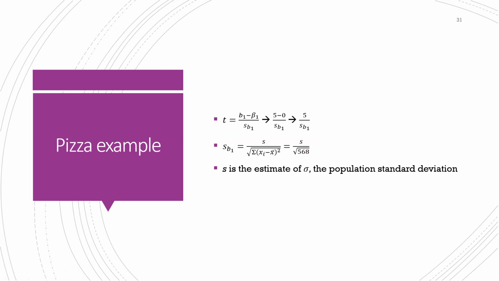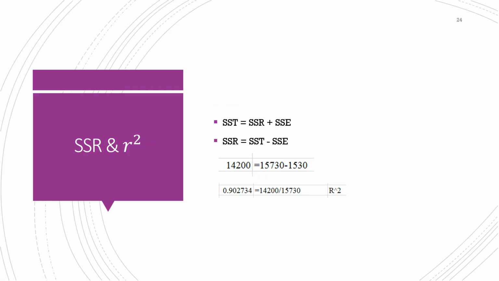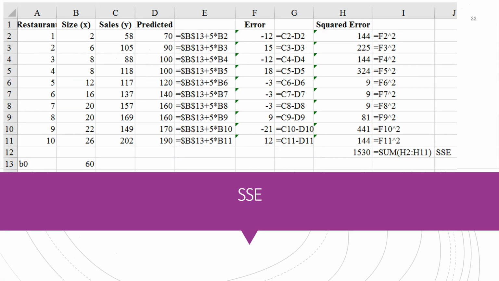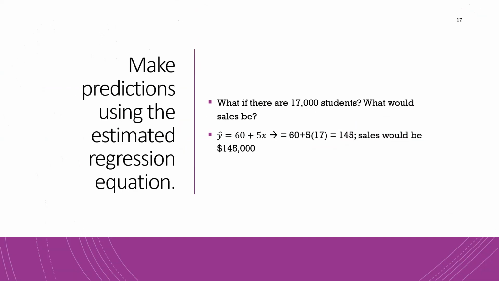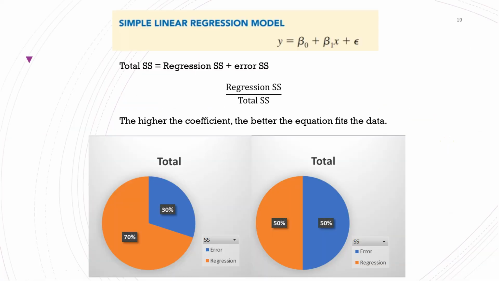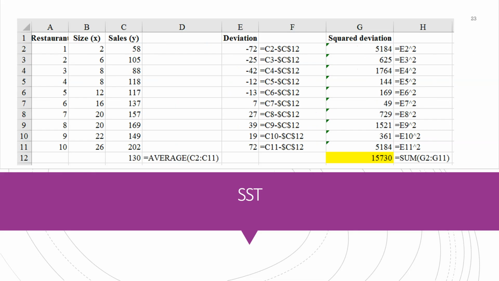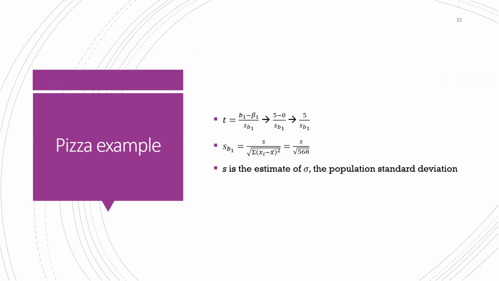We calculated 568 back here somewhere, as I'm scrolling through. Yes, 568. We calculated this already. So we already have that value calculated.